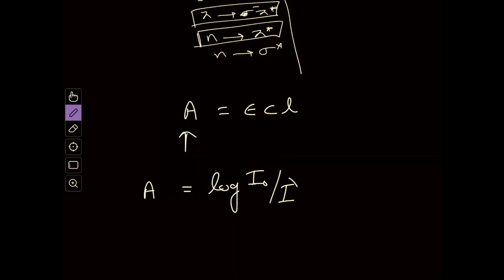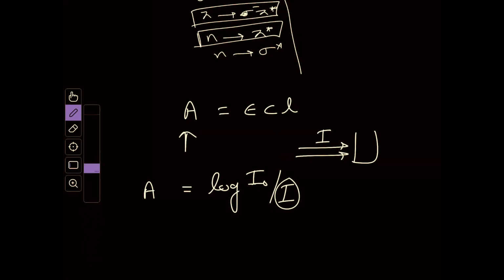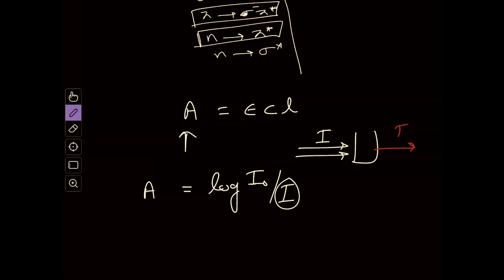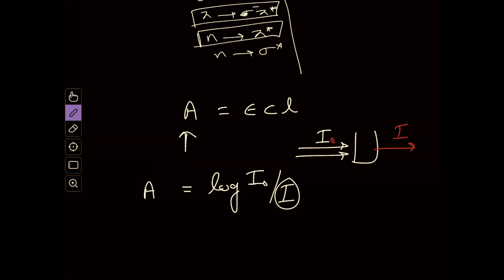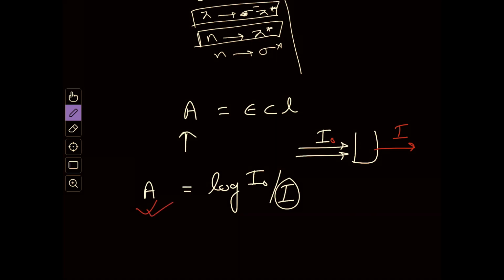So if this is your sample and this is your incident light, this is called I0, and after absorption some intensity will be lost, so whatever transmitted light you will get, that will have intensity of I, and this is the intensity of transmitted light. So the ratio I0 by I, log of it is called absorbance A.